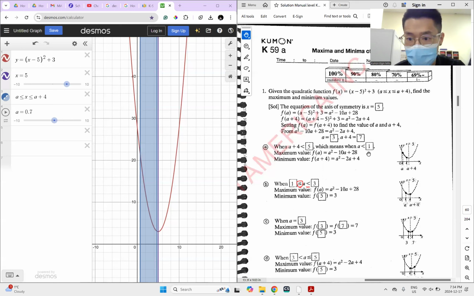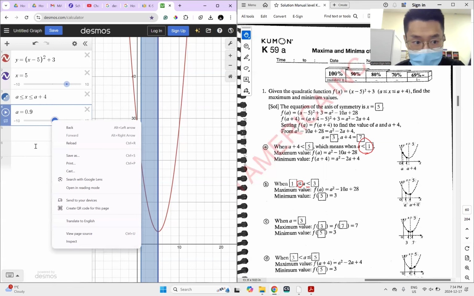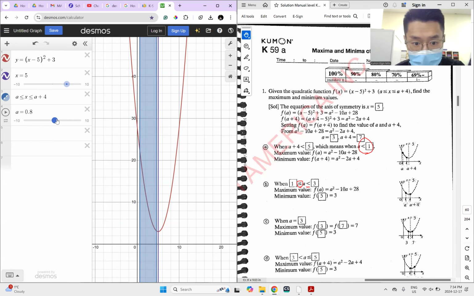According to what I have from scenario number one, I already have the 1, okay? So you know that we are not really touching it, but what if it touches the 1, right? Watch this and see where the minimum point and maximum point are. As soon as it touches it, you will see that the minimum becomes the vertex.